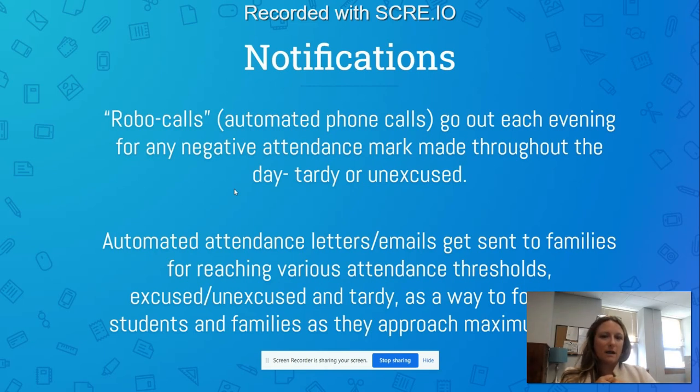So they do contain strong language regarding state statute around referral for citations, but they are meant as first and foremost an information and warning for students and families, but then just a reminder that as higher thresholds are approached or met, there are some more severe consequences that come along with that.